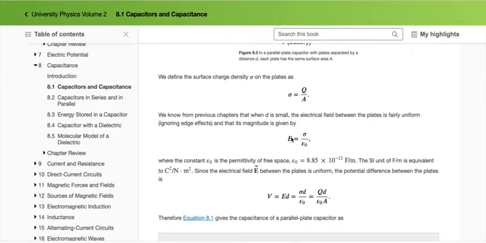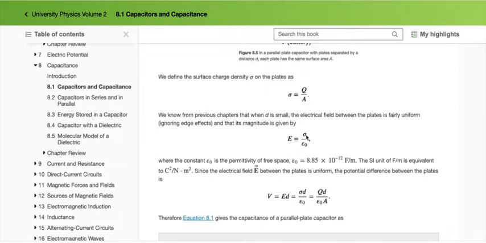Our electric field, we figured this out back when we did Gauss's law. The electric field in between those plates is sigma, the charge density, divided by epsilon naught, where charge density is total charge divided by area. We know, because we have a constant electric field, that the voltage difference across the plates is the electric field times the distance between the plates.